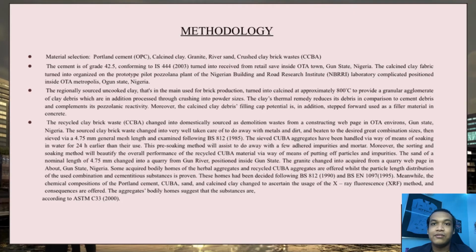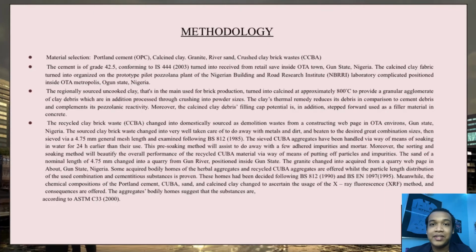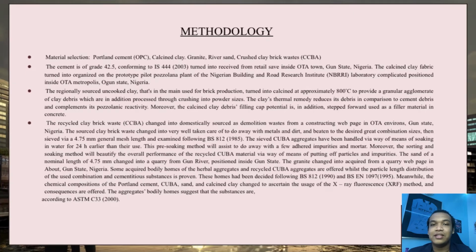First of all, the materials that will be used, as stated in the journal, are Portland cement or PC, calcined clay, granite, river sand, and crushed clay brick waste (CCBA). The cement is of grade 42.5, conforming to IS 444/2003, purchased from a retail shop in Ota town, Ogun State, Nigeria.